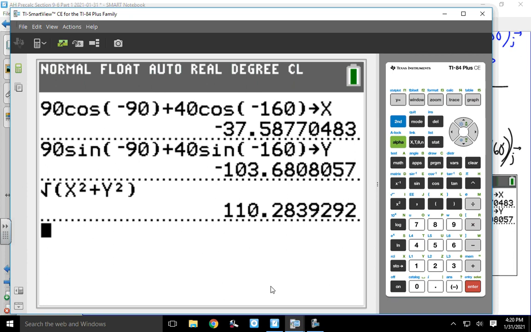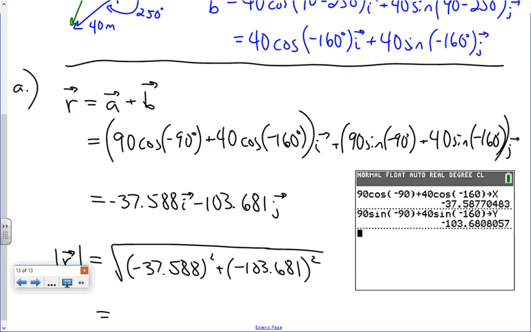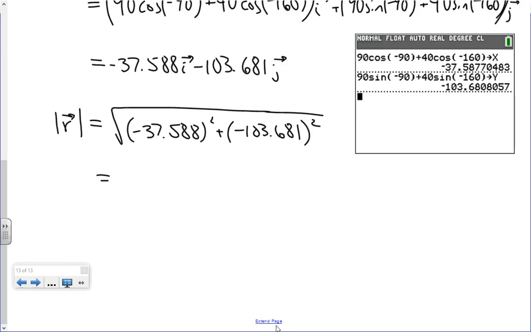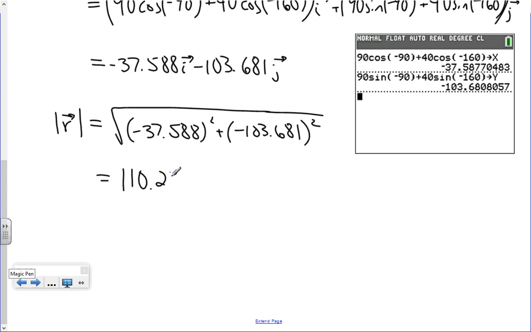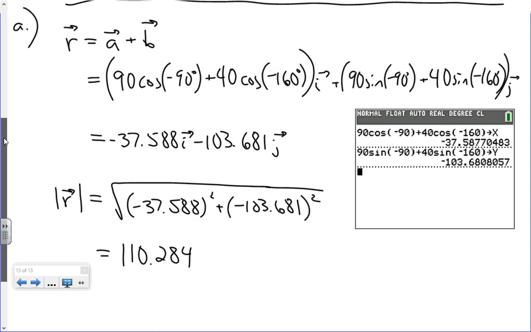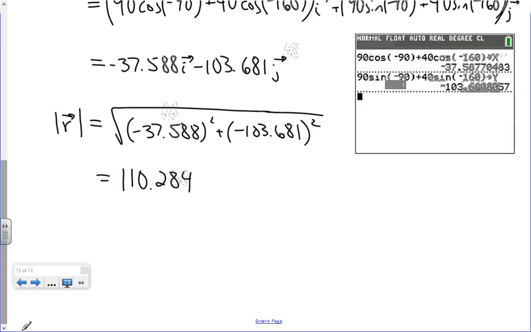So we get 110.284, it looks like. And I think they gave us units in this problem. They did, yeah, we're working in meters, so we should put a set of units on that as well. 110.284 meters. There we go. So that's the magnitude of our vector.